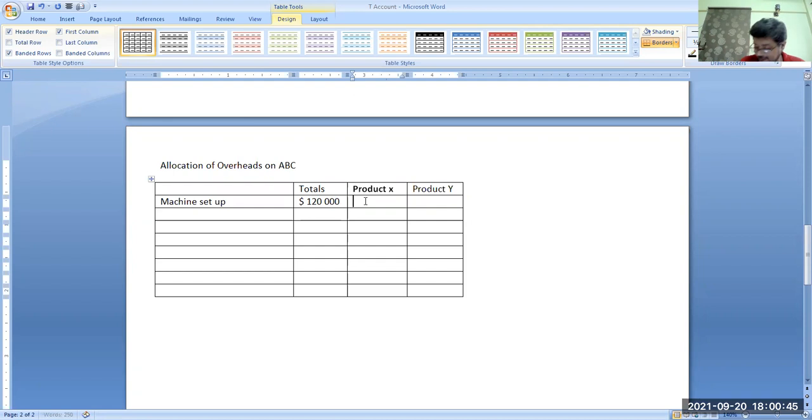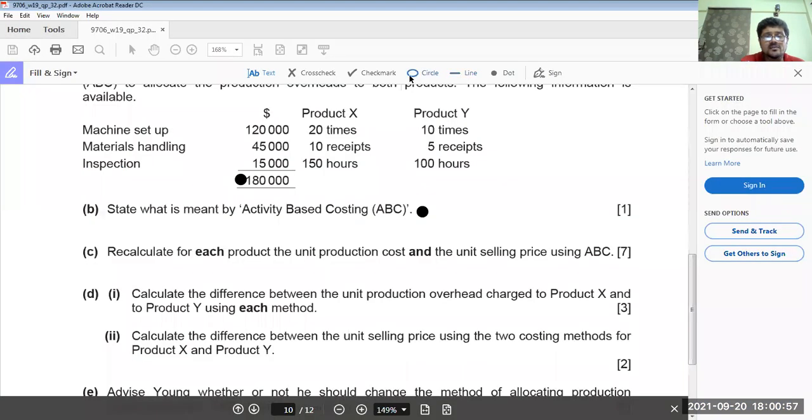Now for product X and product Y, how much? It is 120,000, and how to divide this way? 10 times and 20 times and like this.